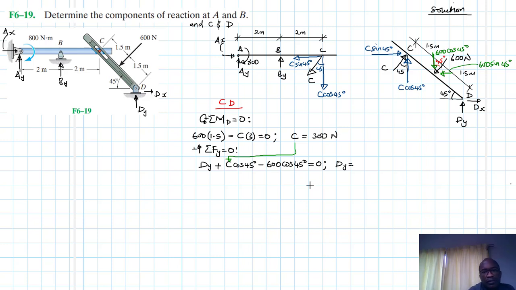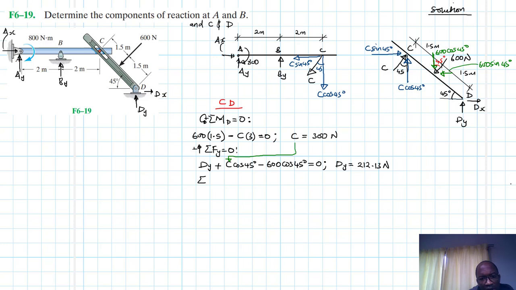Then our dy is equal to 300 cos 45 minus 600 cos 45, and then we have dy equal to 212.13 newtons. 300 cos 45 minus 600 cos 45, that's 212.13 newtons.